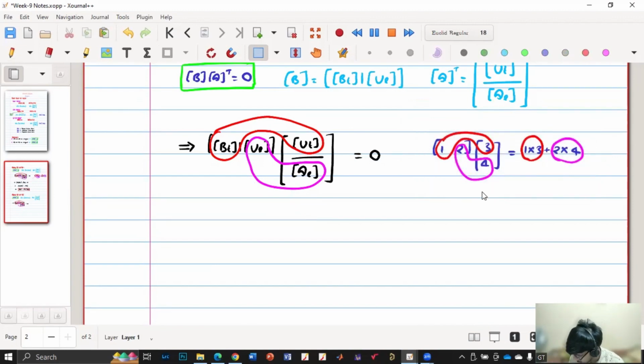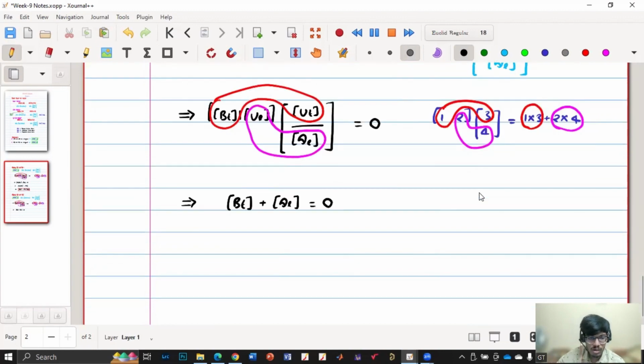So if I do that, we'll get B twigs into U twigs. Identity matrix into any matrix is just the matrix itself. So we'll have B twigs plus Q links is equals to 0. I want Q in terms of B, right?